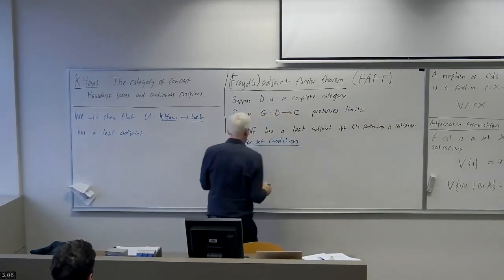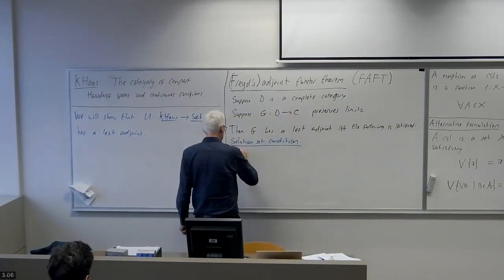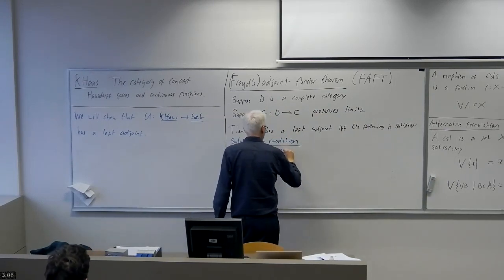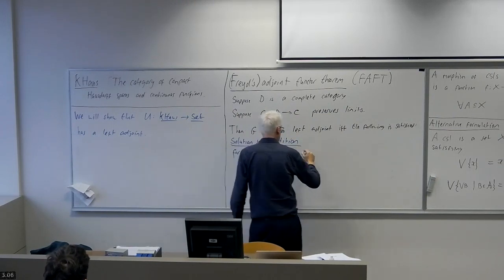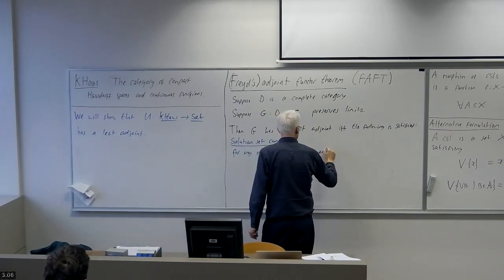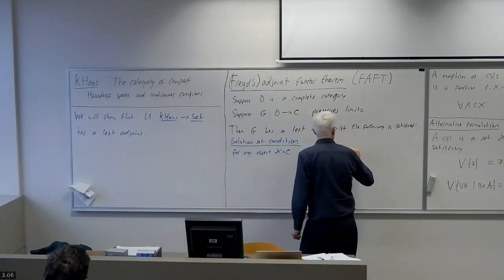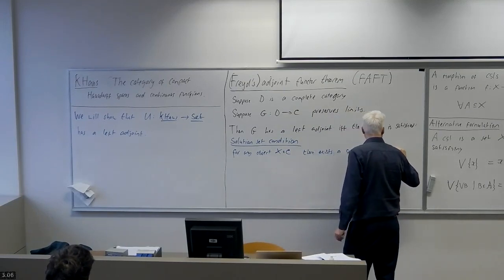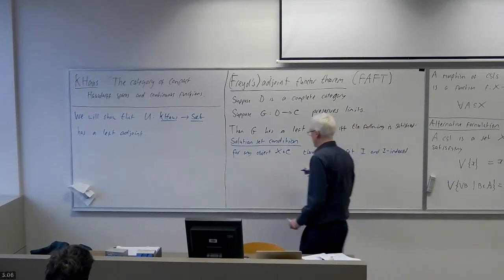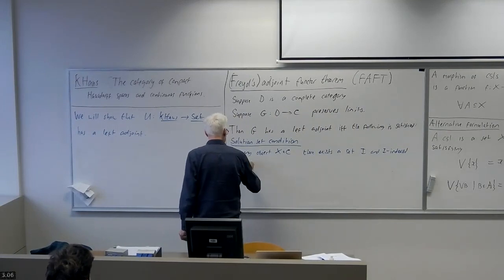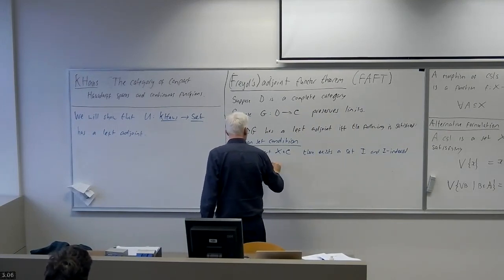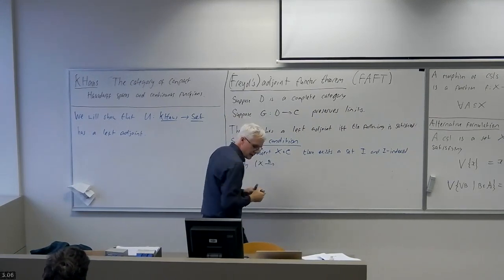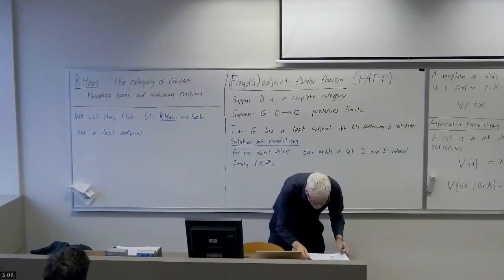And it says, for any object X in C, there exists a set I and an index family, let me just check in my notes what I called them.